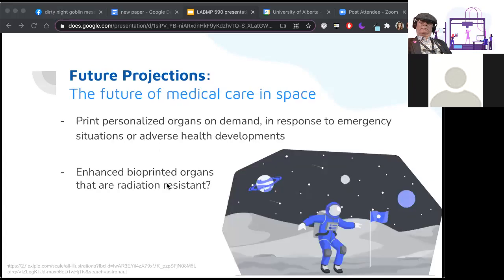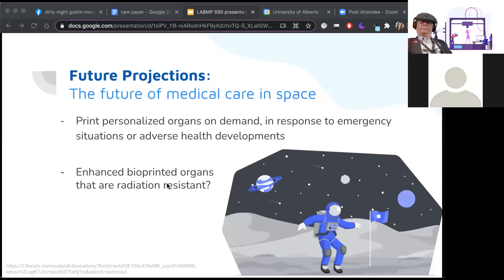And lastly, 3D bioprinting could support spaceflight and off-world travel. If an astronaut is on a long space flight or off to another planet, they are not able to turn around or return to Earth for medical attention. The ability to print personalized organs on demand in response to health concerns or emergency situations will greatly increase humans' ability to survive and flourish in space.